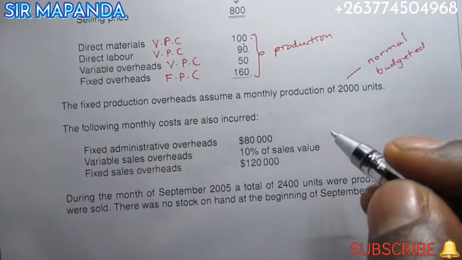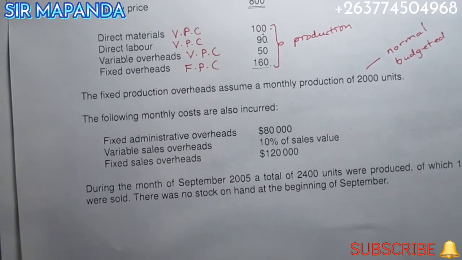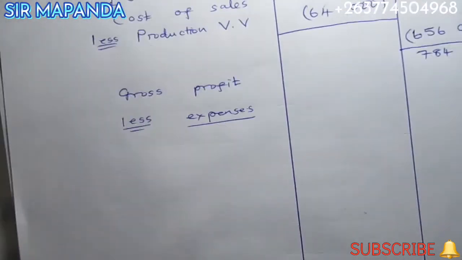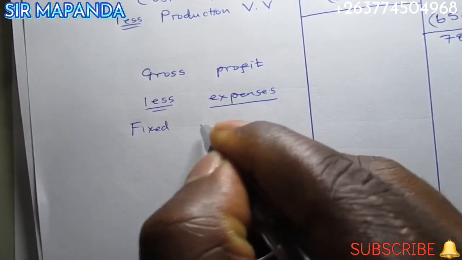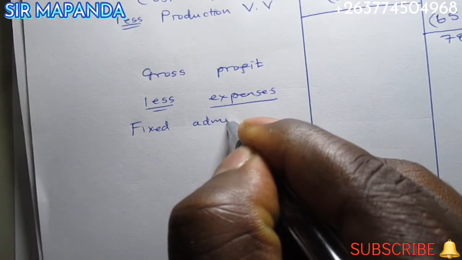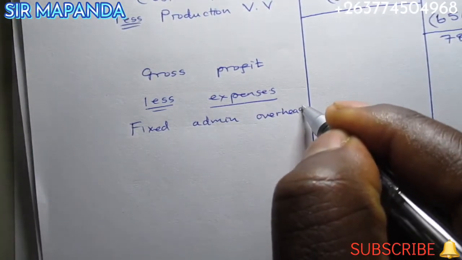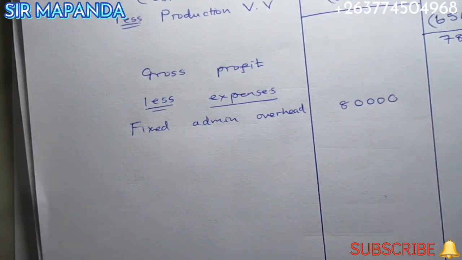So these costs are now treated as expenses under the absorption costing income statement. I hope you are following. So I'm going to start by writing the fixed admin overheads amounting to 80,000. So you write 80,000 here.